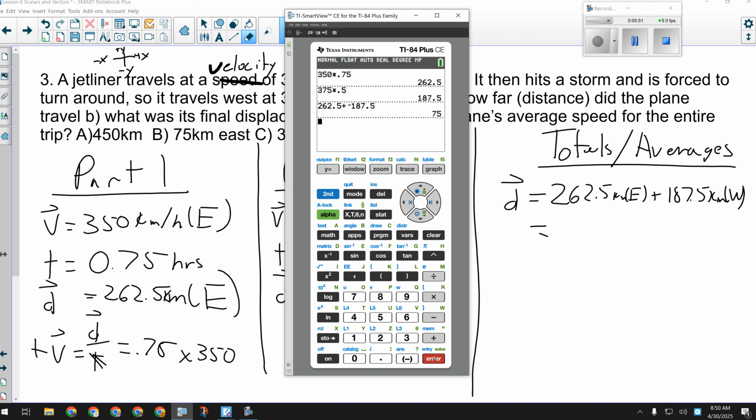Okay, so the total displacement of this plane is 75 kilometers, and it came out positive. And positive is which direction? East. Okay, so that makes sense, right? It flew 262.5 kilometers east, and then it only went 187 west, so it didn't get all the way back. Its displacement is still east of where it started. Does everyone follow me there? Okay.